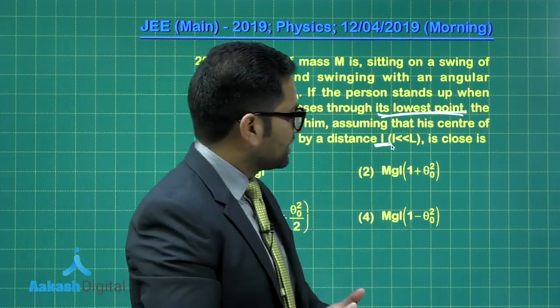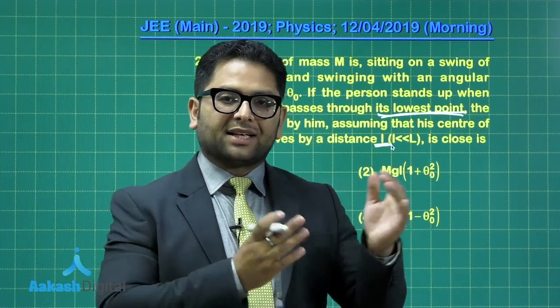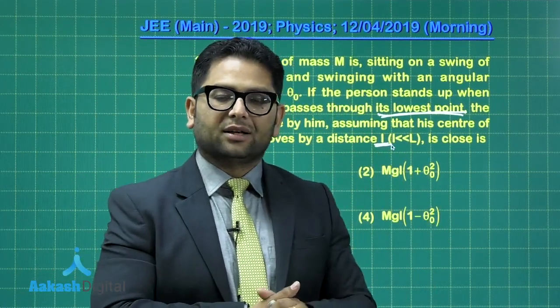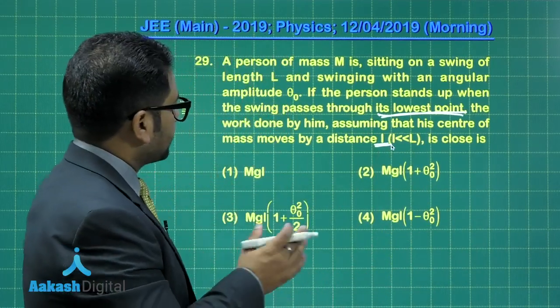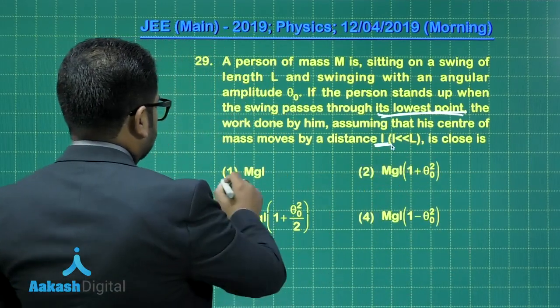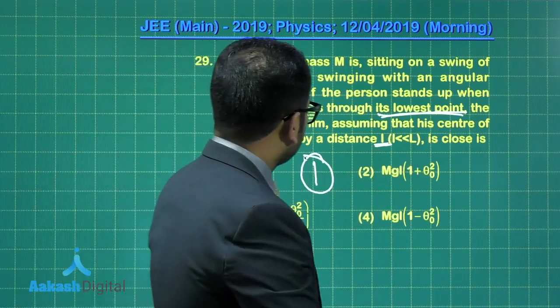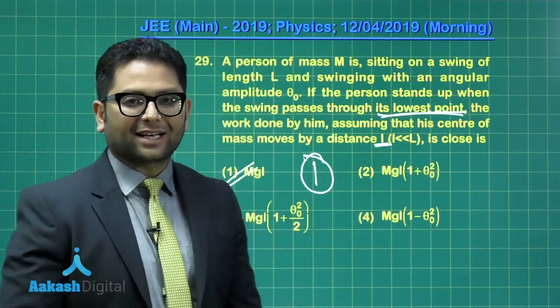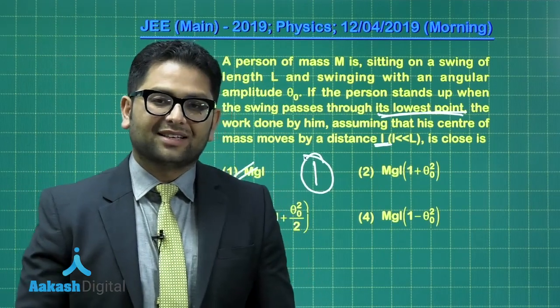That means effectively, when you consider man as the system, the kinetic energy is almost constant. What changes is only the potential energy. And it says that the center of mass moves by a distance small l. So work done would be a straightforward mgl. So option number 1 is the correct one. Let's go to the final question, 30th.